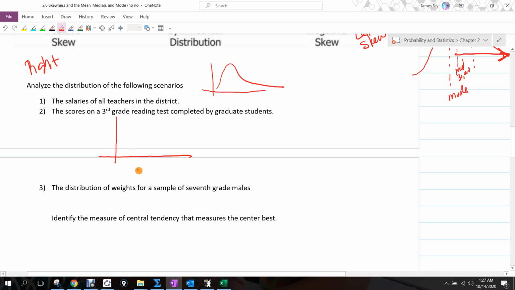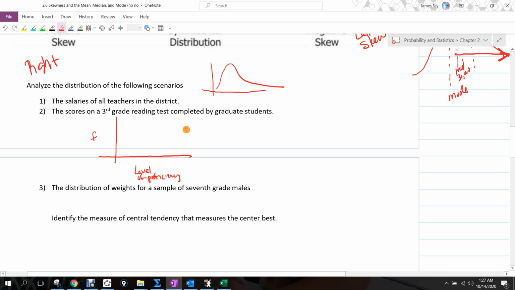Let's say this is my level of proficiency here, and here is my frequency. If graduate students are taking a third grade reading test, I'm not going to have very many people here at the low level.